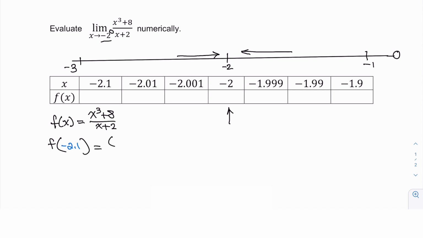So that is my -2.1 cubed plus 8 over the -2.1 plus 2. Now when you run that through your calculator, you will see that you get a value of 12.61. And so you put that across from the f of x underneath the -2.1.